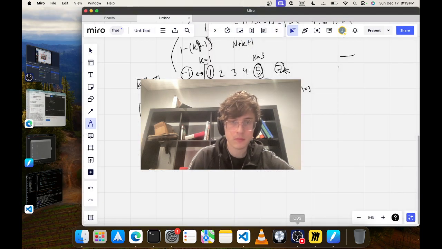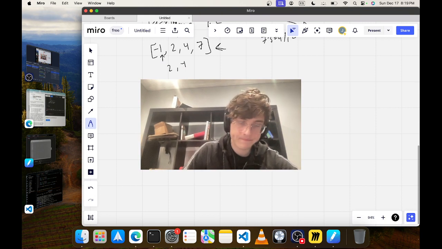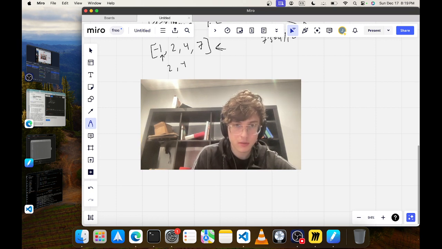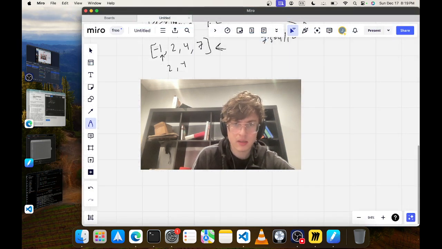So the main centerpiece of this problem, we're given a string of either dot, which is an empty space, and then we have P, which is a photographer, the one taking the photo.